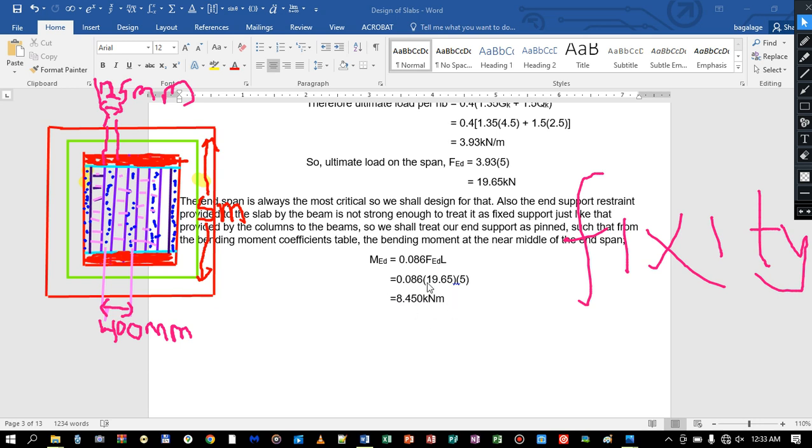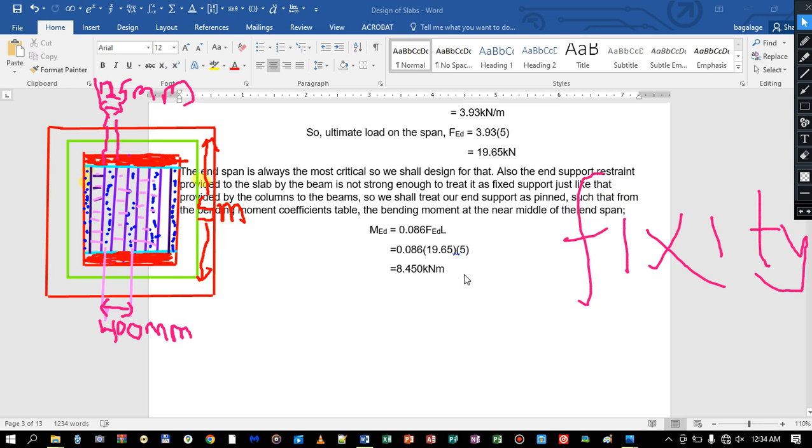This is our design sagging moment that we shall apply to the rest of the span. Once we design for this, then it means the ribs can't fail elsewhere, as the reinforcement that we shall have provided will be enough.